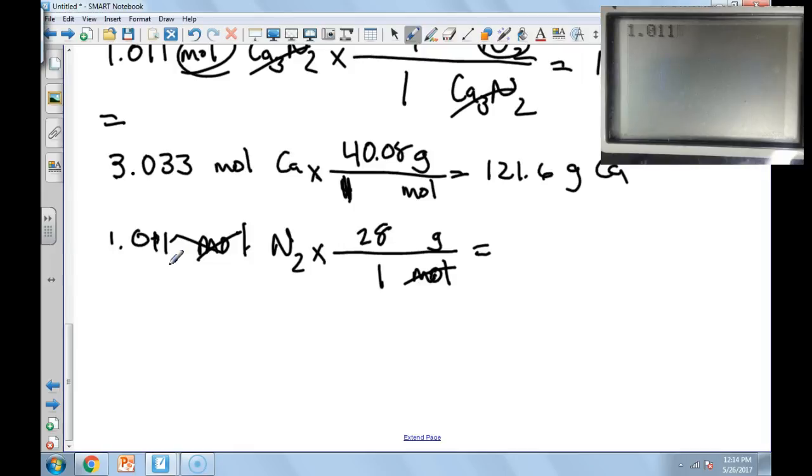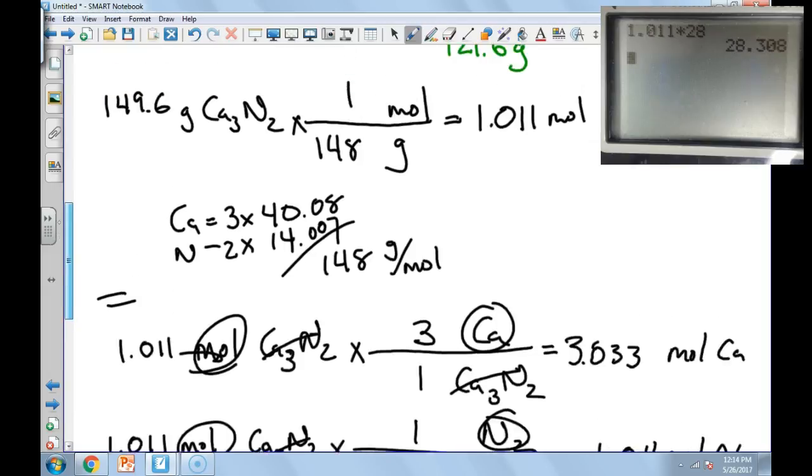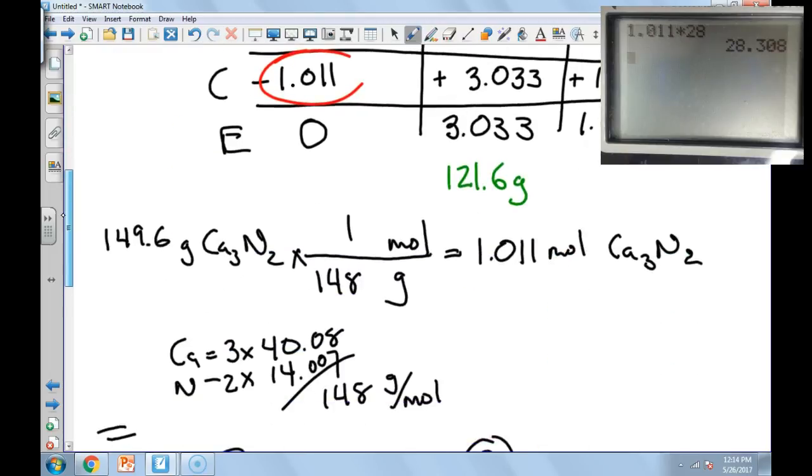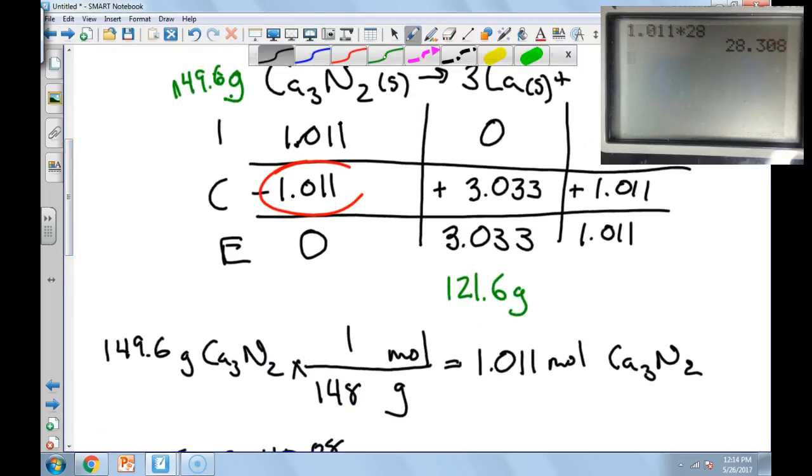So it's 1.011 times 28. And so that's going to give us 28.31 grams. And again, I'm using 4 significant figures because that's how many we were given in the problem. Okay, so now we go here, and we go 28.31 grams. Perfect.